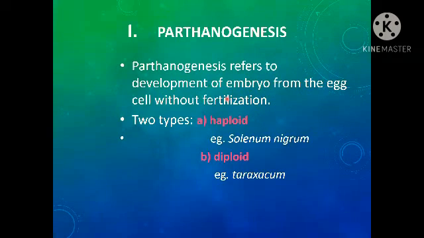There are two types of parthenogenesis: haploid, as in Solanum nigrum, and diploid, as in Taraxacum. Parthenogenesis is also of two types: gonial parthenogenesis and somatic parthenogenesis. In gonial parthenogenesis, embryos develop from the egg cell, while in somatic parthenogenesis, they arise from some other cell of an embryo sac.